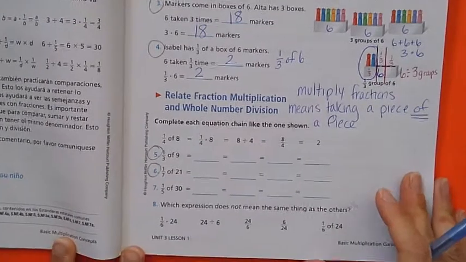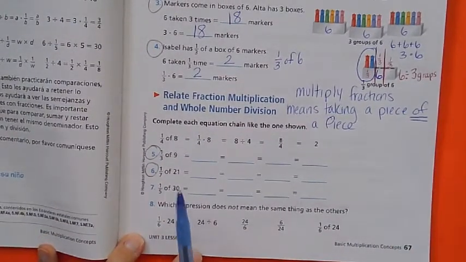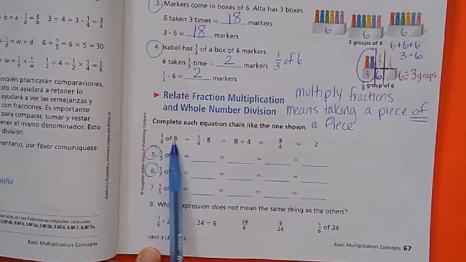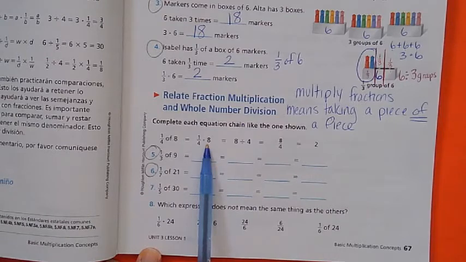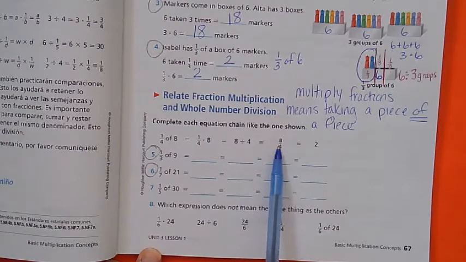Okay, so looking for that of telling us that that means to multiply. This is creating a chain. So it says 1/4 of 8, which is the same thing as saying 1/4 times 8, because that times is an of. 1/4 of 8, which is taking 8 and breaking it into 4 pieces. Another way that we can write a division problem, so this is the division sign, this is the division bar.